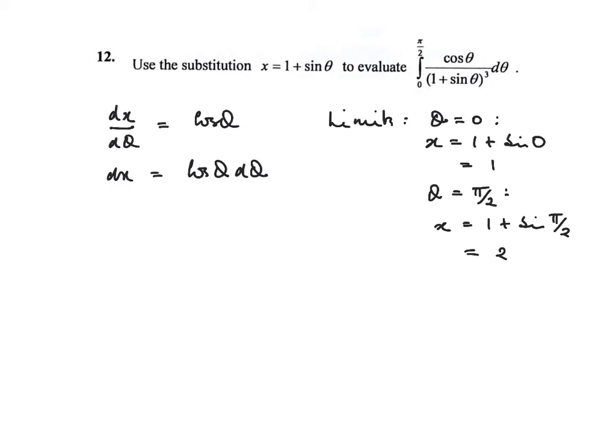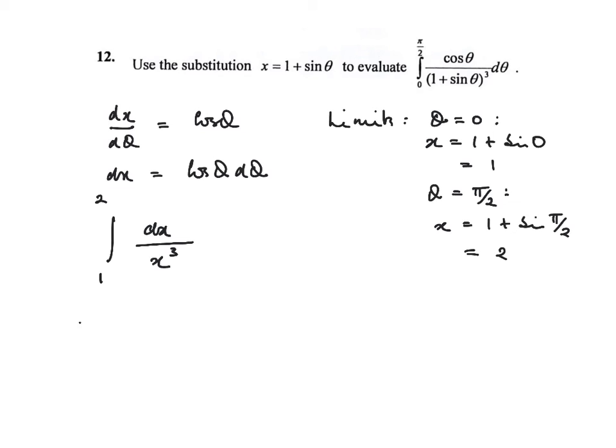So the integral becomes integral from 1 to 2. Now the top line, cos theta d theta, we can replace by dx. And 1 plus sine theta is x cubed.